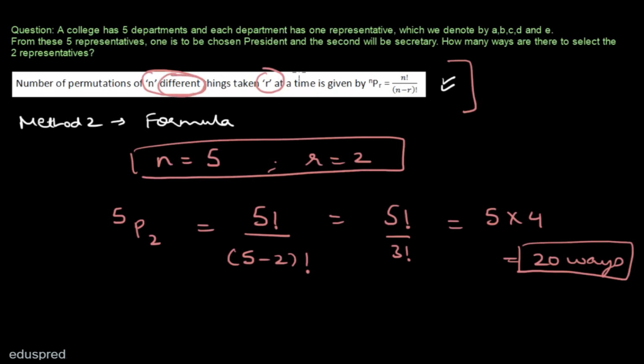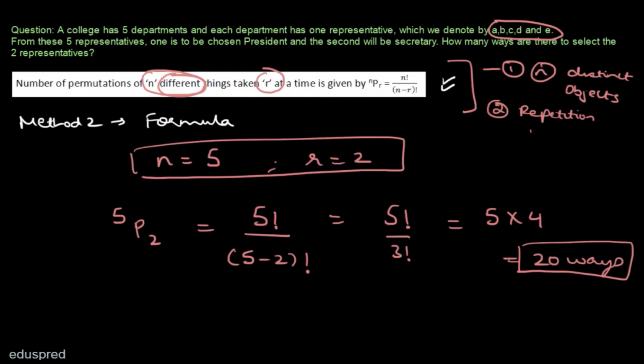In this case, we have 5 different representatives and the repetition should not be allowed, which was implicit in this case, because if you choose someone as president, you cannot choose the same person as secretary. So keep these 2 things in your mind: the n objects that you have should be distinct, and repetition should not be allowed. Only then you can use this formula.